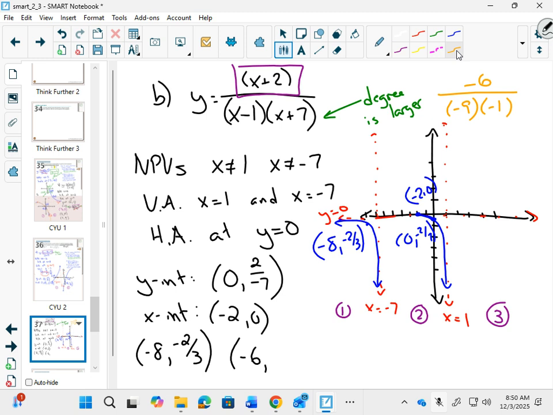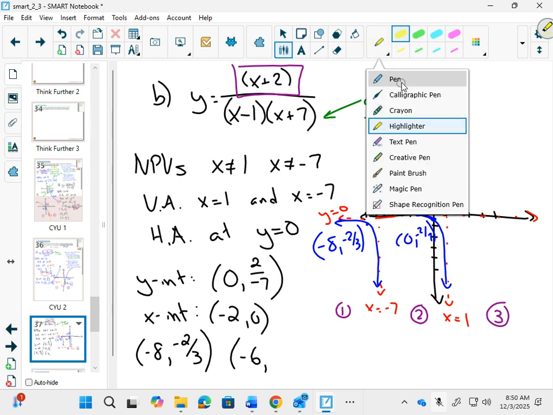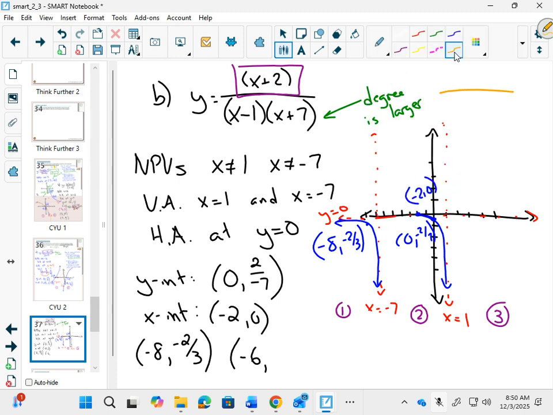So again, I'm going to erase the orange work that I had done before. Take out my orange pen again. And if I plugged in -6, the top would be -4. -6 minus 1 is -7.